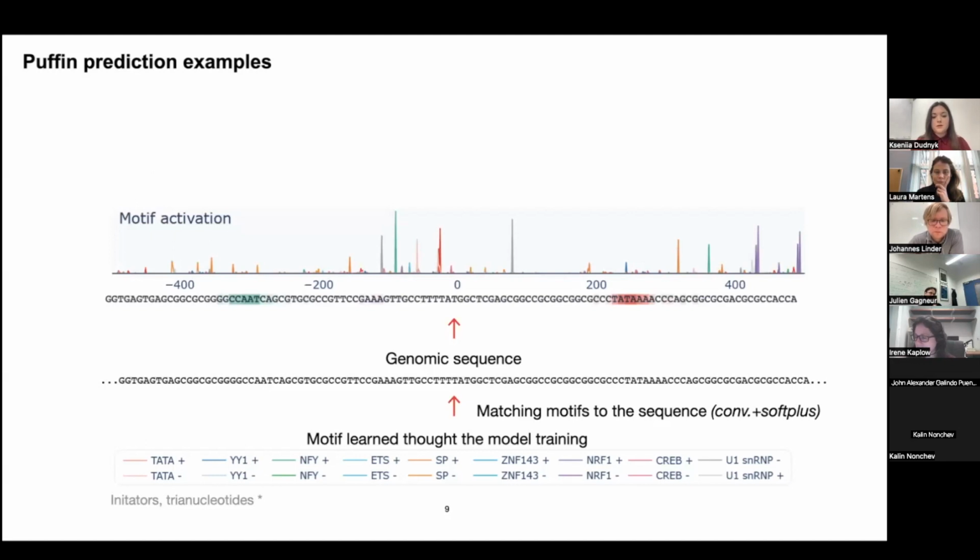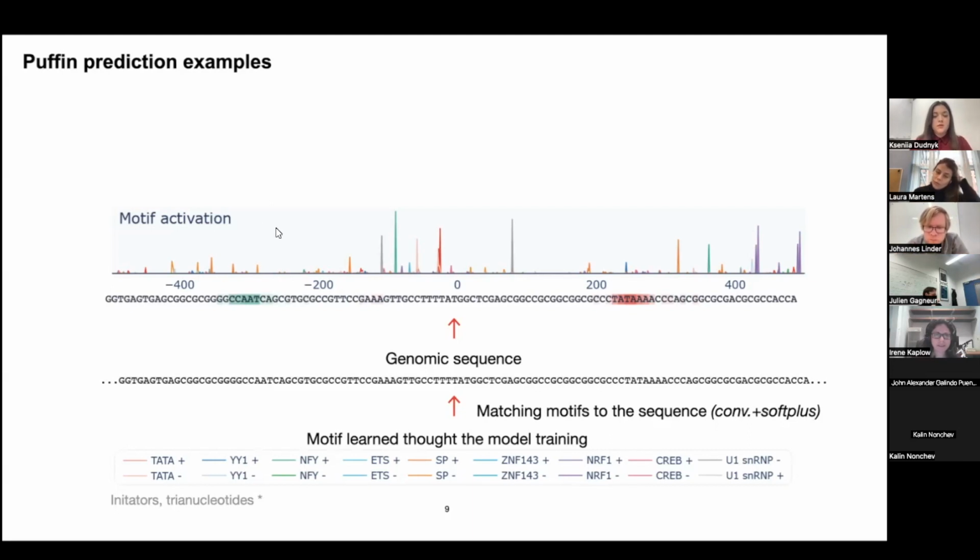So the first step of computation that Puffin performs is computing the motif activation score. This computation matches the learned motifs to the input genomic sequence by performing convolution between those kernels that represent the motifs and the one hot encoded genomic sequence, and then applying the softplus activation function.